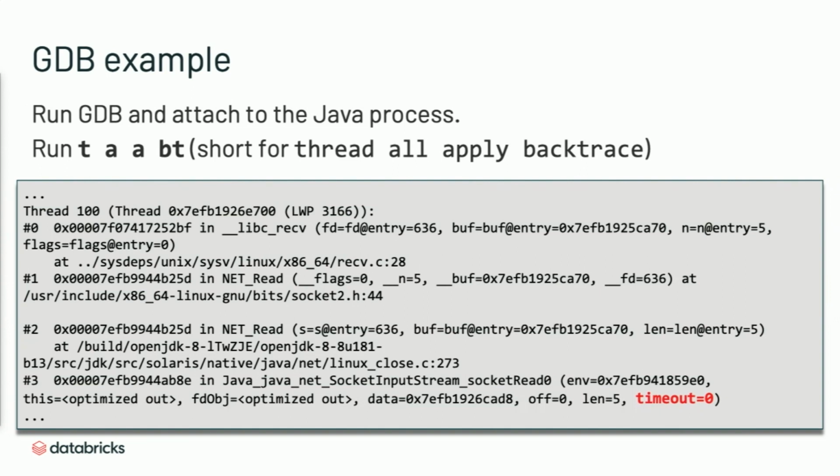And again, we can find our thread and see this interesting bit at the bottom right, which tells us, yes, this socket read function was called with timeout 0. And that leads us to further investigation down into the actual underlying issue. But this is the very breakthrough that we needed, like solving the puzzle.